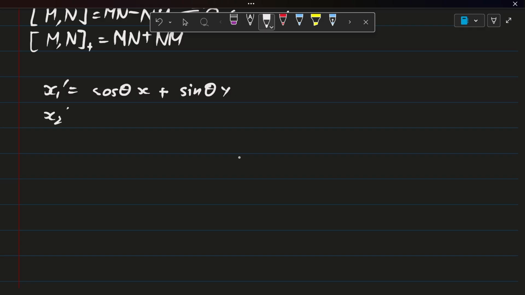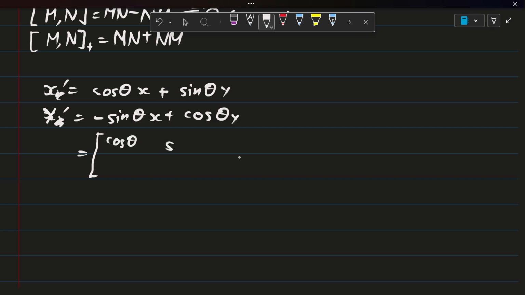And for x2 prime, so if this is x prime and this is y prime, this is going to be negative sine theta x plus cosine theta y. So we can interpret this as the matrix cosine theta, sine theta, negative sine theta, cosine theta, multiplied by x y.